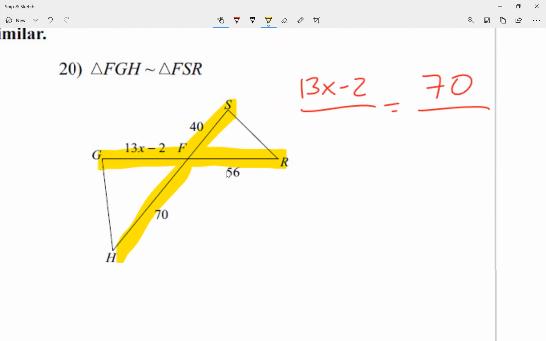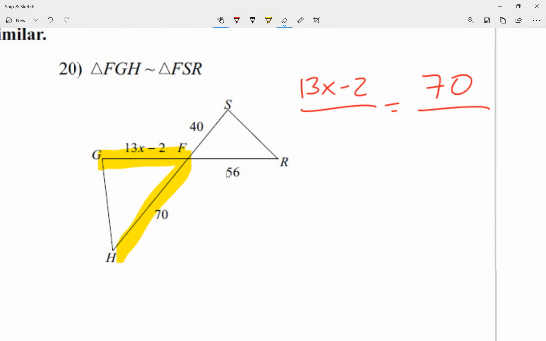If 13x minus 2 is smaller than 70, right, I look at my two measurements. If 13x minus 2 is the small side, then it goes with 40. If 13x minus 2 is the big side, it goes with 56. If you can tell the measurements, which one's bigger, which one's smaller, then you can match them.